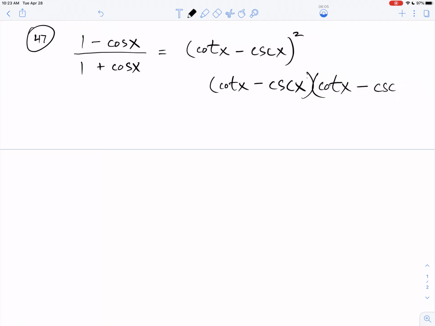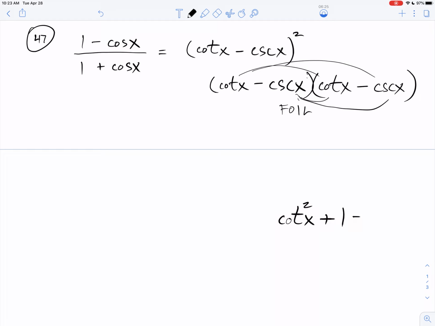If that's where your brain went first, it's okay. If you FOIL it, it's not wrong. You can do it this way, but you're going to end up with some cotangent squared stuff, and you're going to end up with some secant squared stuff.